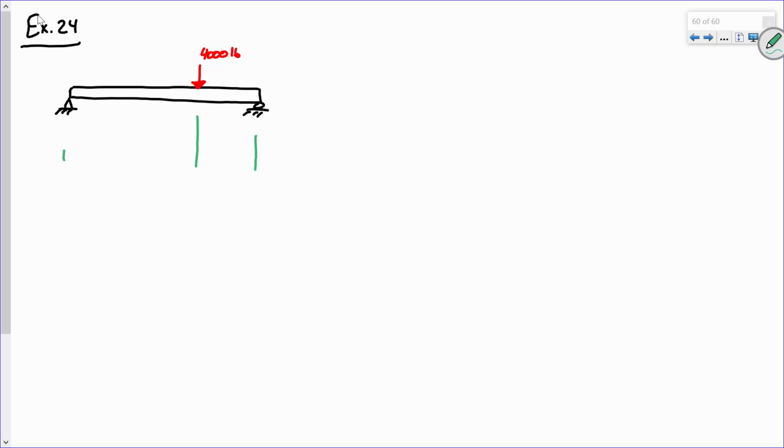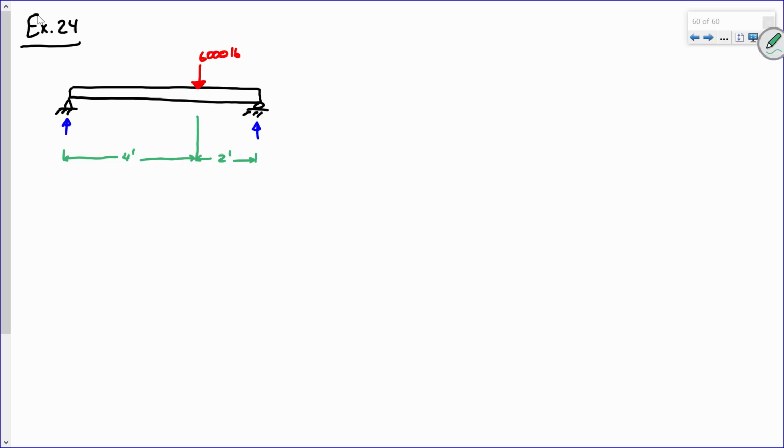Whoops. It would help if I could read my own handwriting. So distances, yeah, this is 4 feet, and this is 2 feet. I was looking at the dimension. So that's 4 feet, and that's 2 feet.